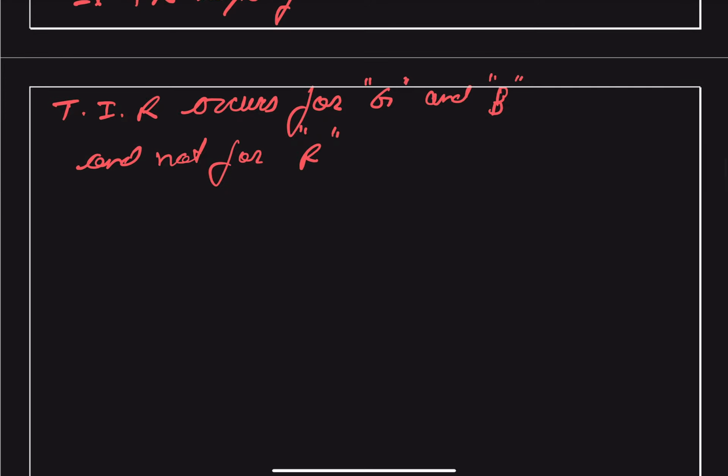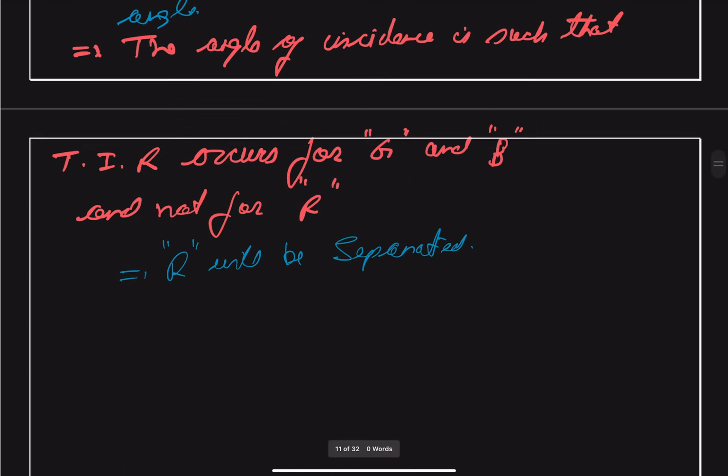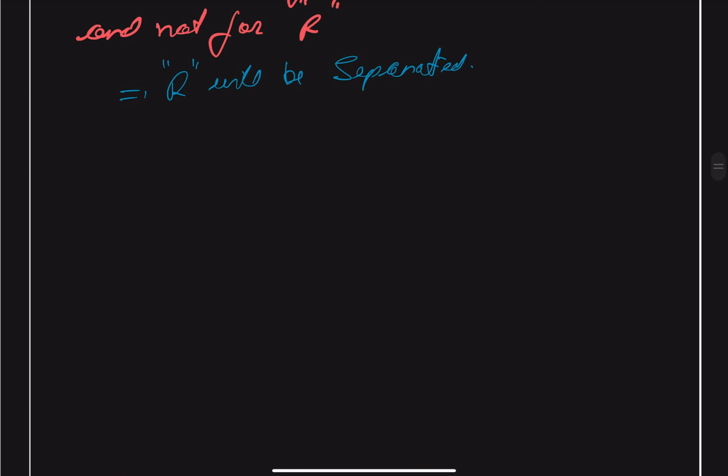So it means red will be separated. So therefore option A is the correct option. Option A is correct.